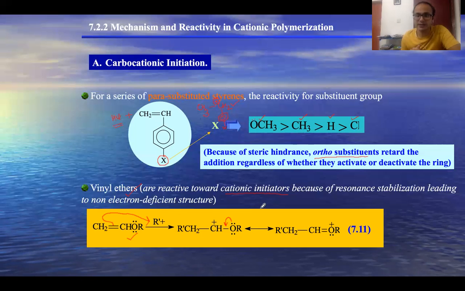I hope in this video you have understood how complex this cationic polymerization is. That means we have to look into various factors in order to understand clearly the rate and the ways in which the cationic polymerization happens. It's not as simple as we saw in the case of free radical reaction.